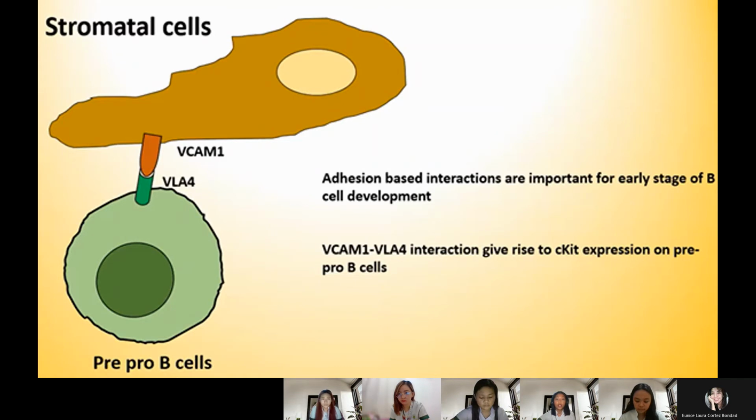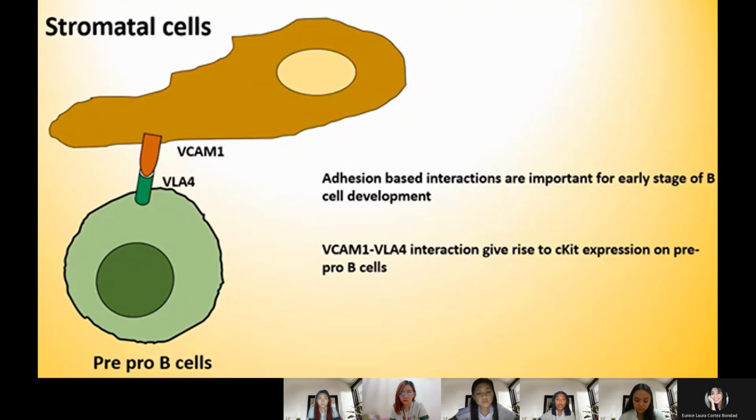Now, there will be an interaction between VLA4 and VCAM1, and it is very important for B cell development. The VLA4 and VCAM1 interaction holds the pre-pro B cells near to the bone marrow stromal cell niche, such that the stromal cell can influence its development.